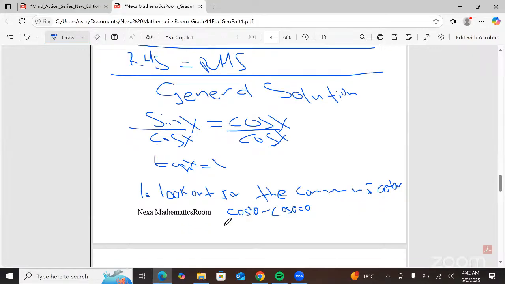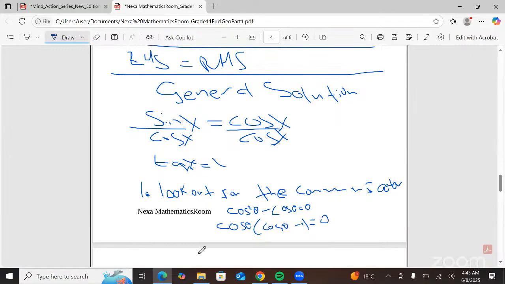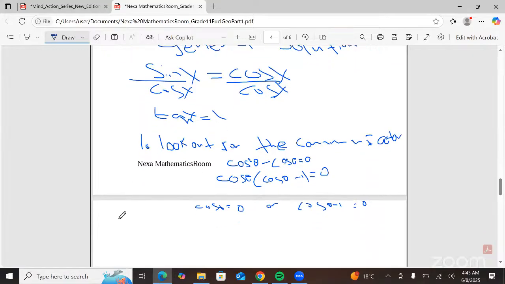Therefore, it can help you to just factor out cos theta, so that you are left with cos theta times cos theta minus 1 is equal to 0. And then now with this, you are going to have two equations. You are going to have cos theta is equal to 0, or cos theta minus 1 is equal to 0.